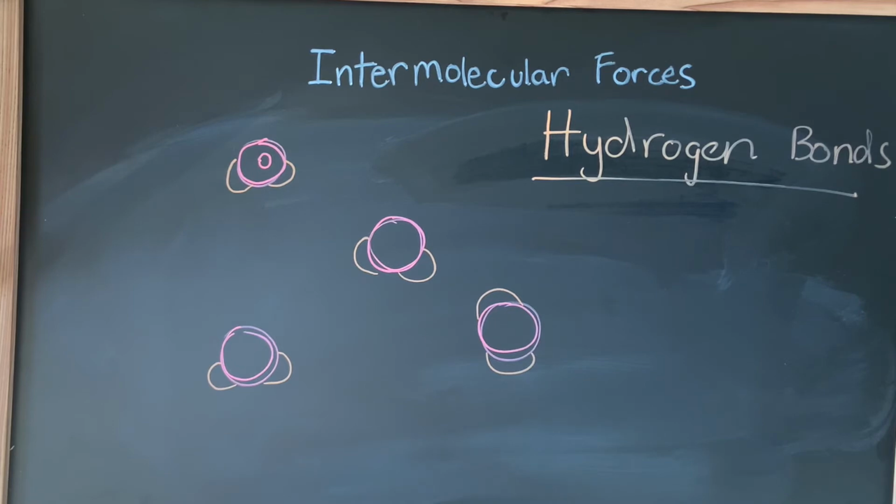Now let's look at hydrogen bonds. And hydrogen bonds are the strongest of these three intermolecular forces. But keep in mind that hydrogen bonds are not an actual chemical bond.